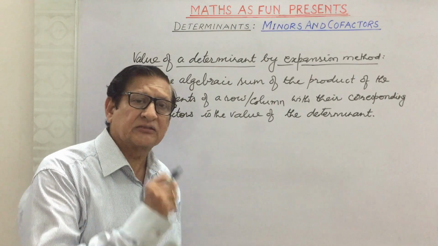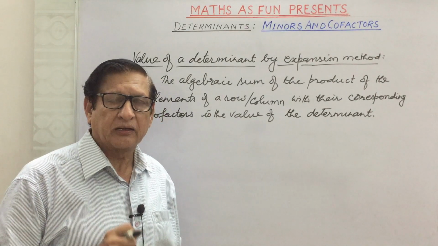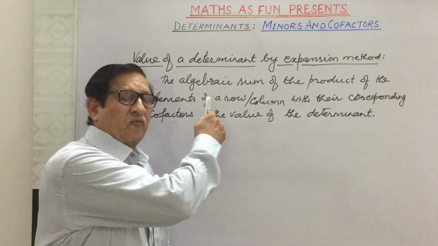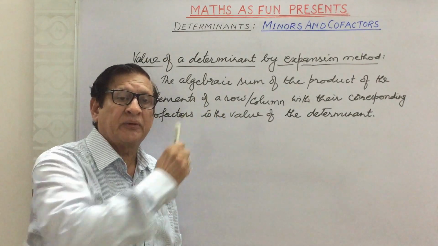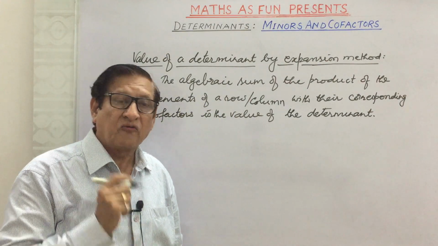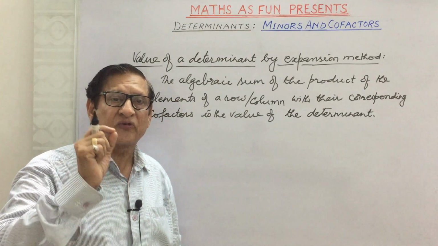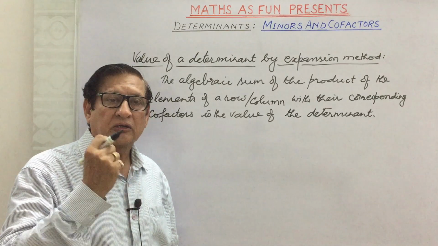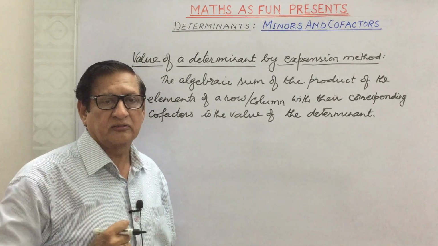Now we can understand the expansion method of a determinant to find its value. The value of a determinant is given by the algebraic sum of the product of the elements of any row or any column of it with their corresponding cofactors.